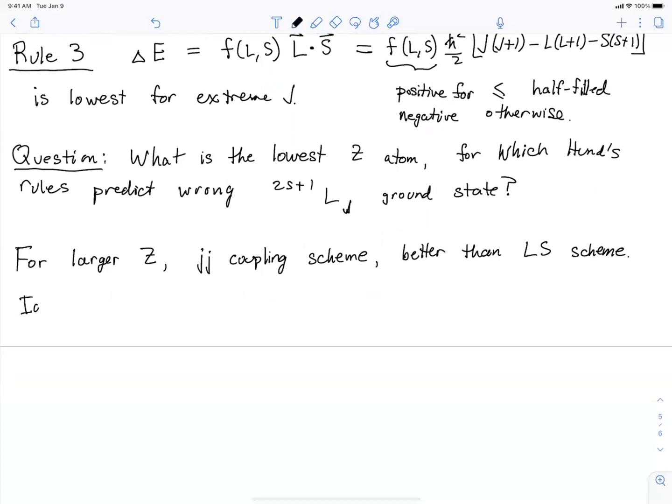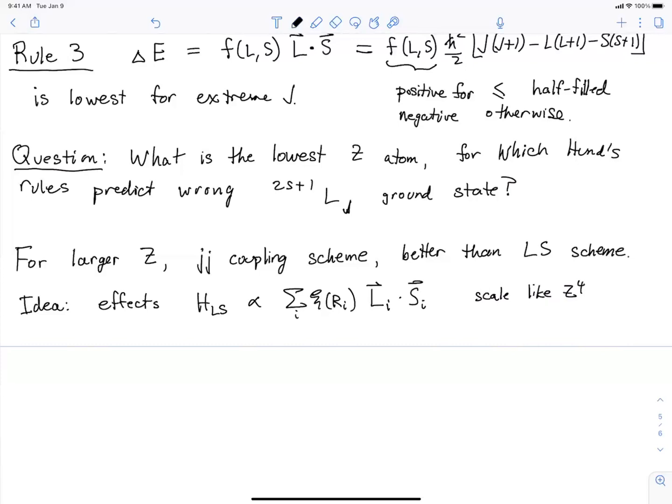And the idea is the following. Since we know from doing a homework that the effects of the spin orbit interaction, which I remind you are proportional to a sum over the electrons of some radial function that we won't worry about too much, and then an Li dot Si for the individual electrons, scale like Z to the fourth, instead of treating it as a perturbation, we'll treat it as the main effect.